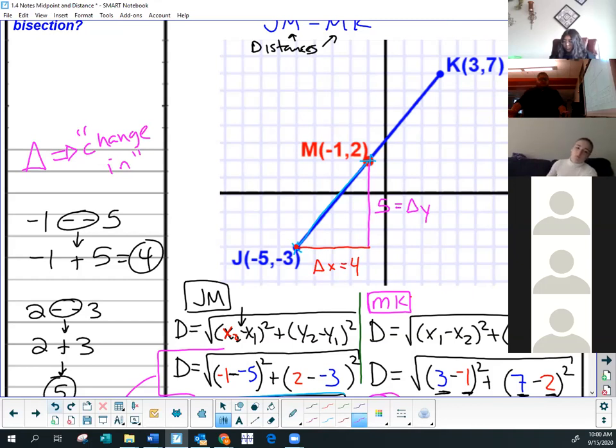Now that counting doesn't tell us a distance. What you did is a form of what we call taxicab geometry, like you're taking streets from one house to the next house. And although that tells us the distance you traveled, that doesn't actually tell us the distance in between.